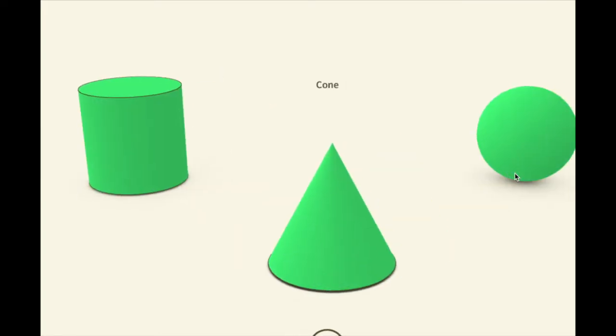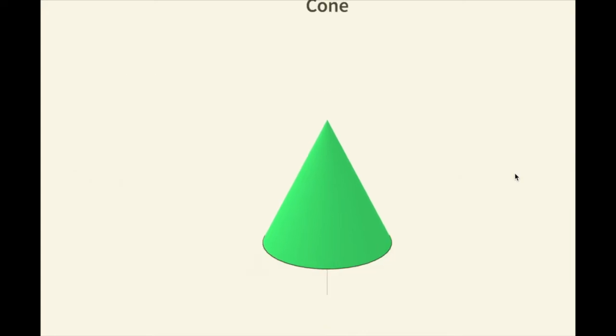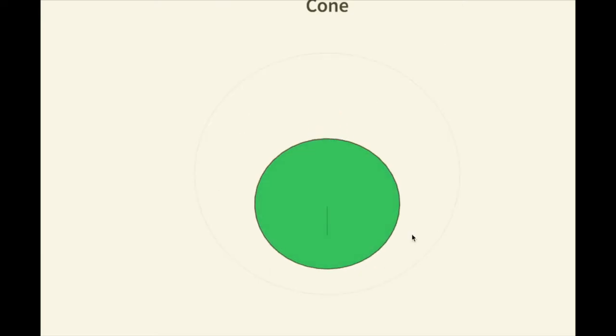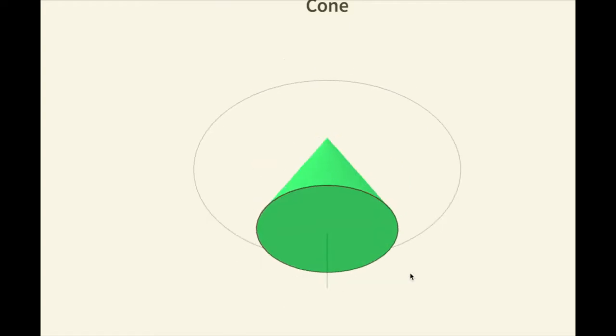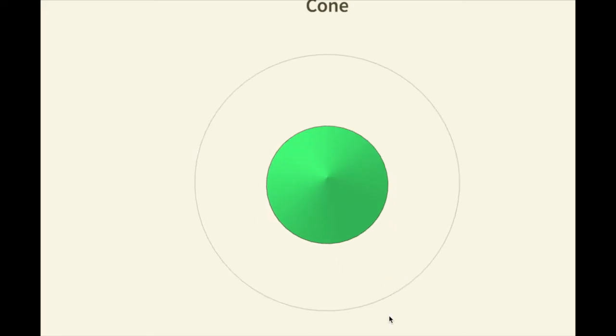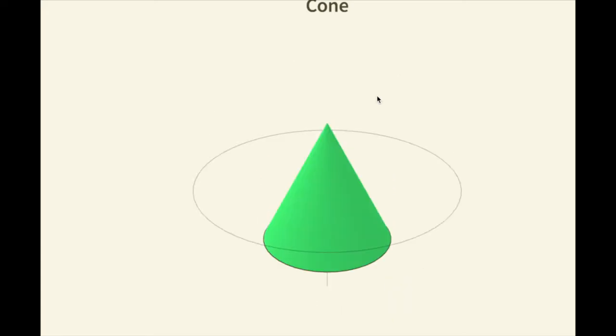Let's talk about the cone. The cone here is actually very interesting. Some people think that it includes a circle and a triangle, which is wrong. This is very interesting. I love this shape. Once I open it, you will notice that this is the upper perspective of the shape.